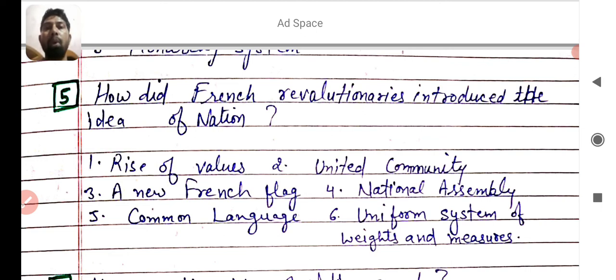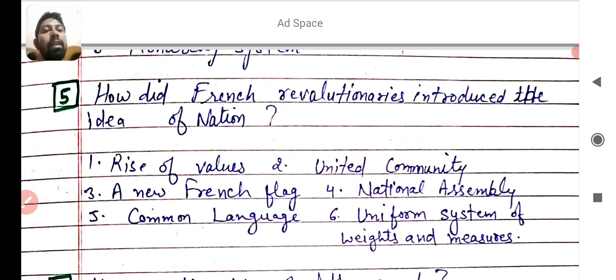And they also made a National Assembly. You learned in 9th class that it was known as the Estates General, and after the revolution, it was known as the National Assembly, the Assembly of the Third Estate and the elected members. And next, they made a common language to increase nationalism in France.